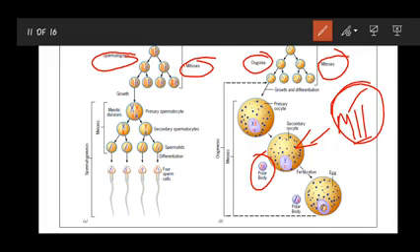With this, we are concluding our introductory session on genetic terminologies. In the next session, we'll be directly moving on to the different aspects of genetics.